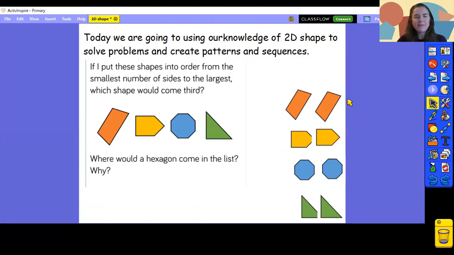So it says, if I put these shapes in order from the smallest number of sides to the largest, which shape would come third? Where would a hexagon come in the list and why? Okay, so I'd like you to pop me on pause and have a go at solving that problem, and I will see you soon. Okay, take care.